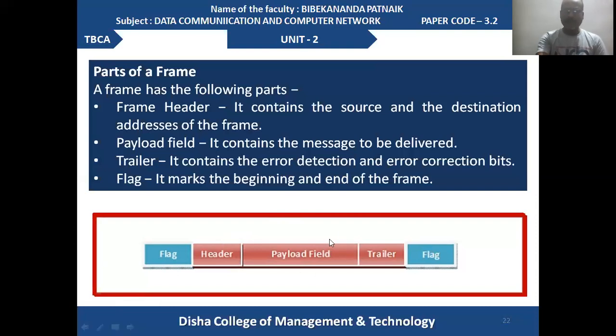The payload field contains the message which is delivered from one end to another, and after that again the trailer has the error detection and error correction bits, and the frame again ends with the flag.